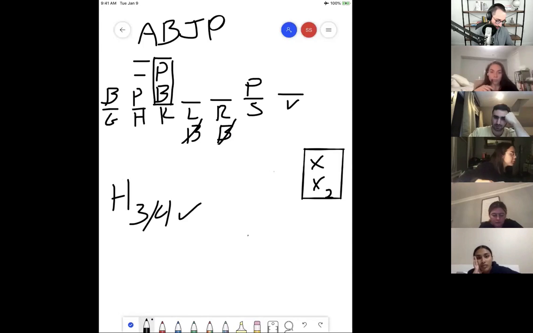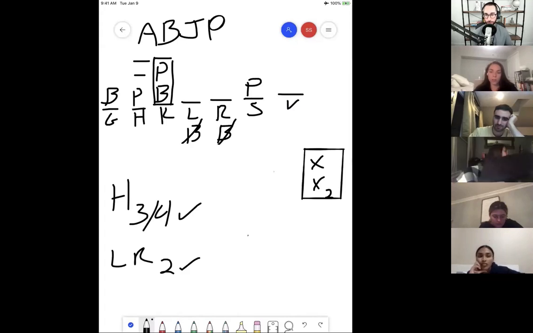You could say L and R have 2 checks, maybe just write that off to the side. Or if there are 4 students, A, B, J, P, you could do 2 checks, 2 X's for each of them in that case. Might be a way to go about it.